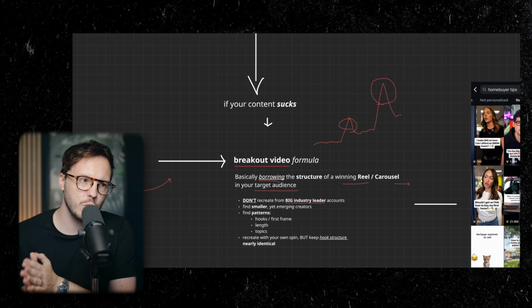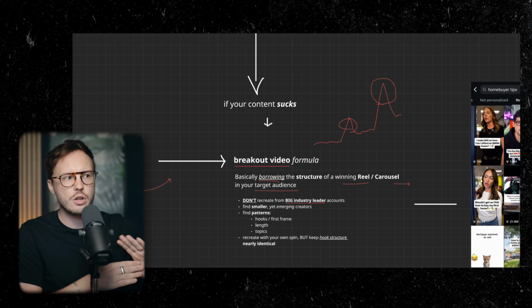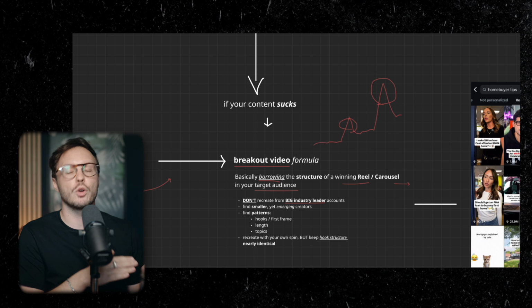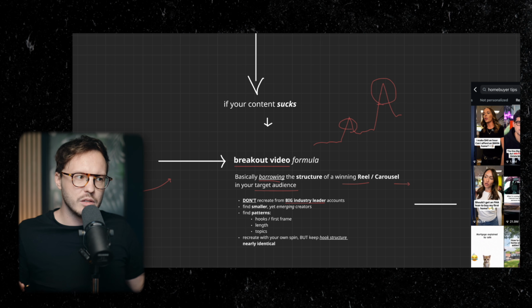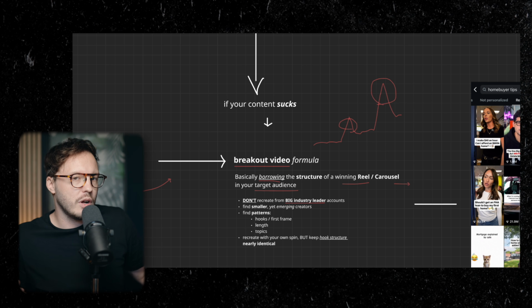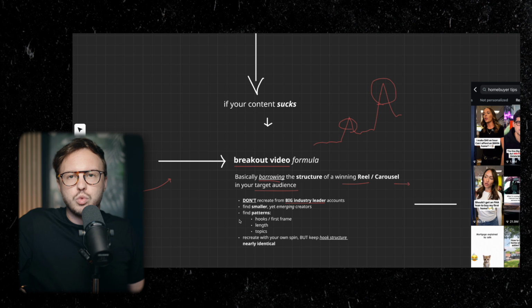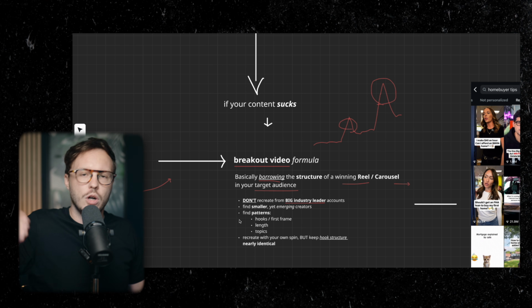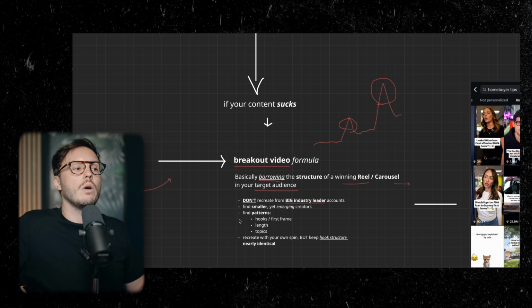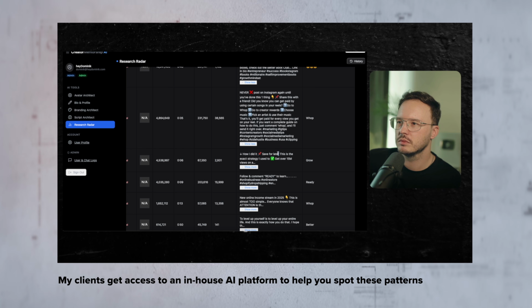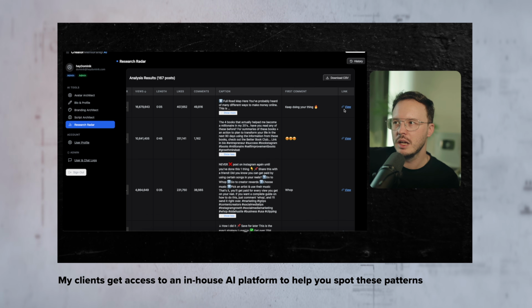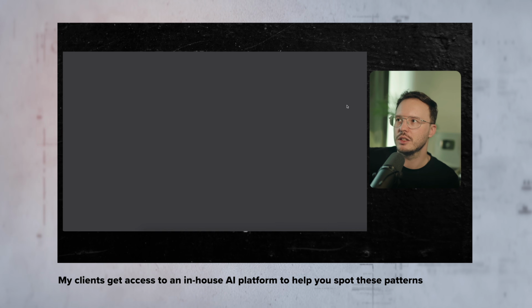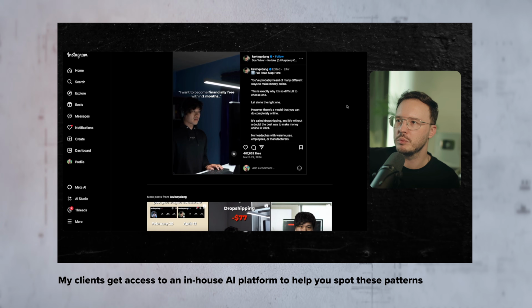So what you want to do is some research and find smaller yet emerging creators, or not even creators, but videos and reels themselves, and try to find patterns of why these videos get shown right now, why these videos break out right now. A lot of the times the patterns are going to be in the hooks, in the first frame, how it looks, in the length, and also obviously in the topic or subtopic of whatever's going on in your niche.